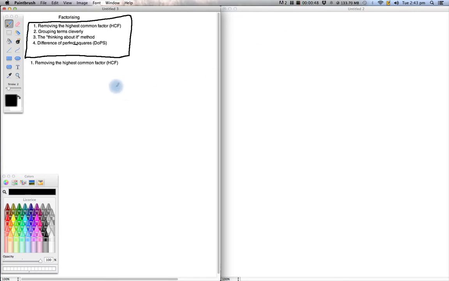Okay, first off is removing the highest common factor. So I'm sure you've done this before, so let's just do a quick example to refresh your minds. Let's go with 9x squared plus 81x. Okay, so both of these have a factor of 9 in them.